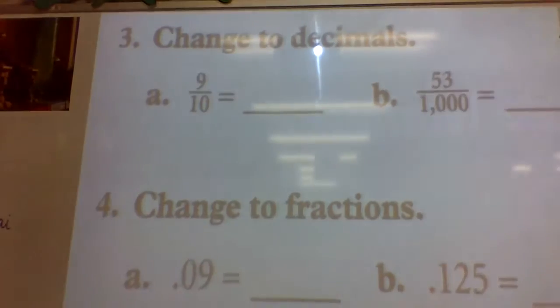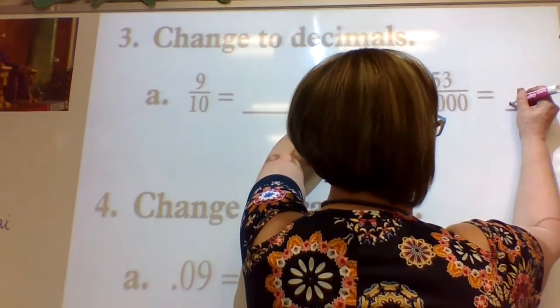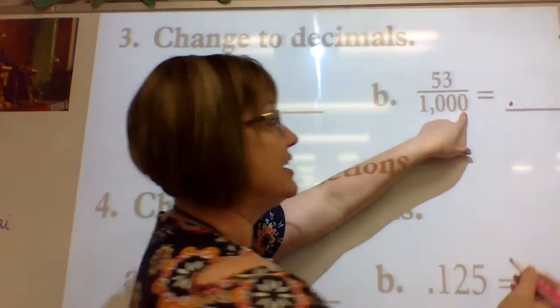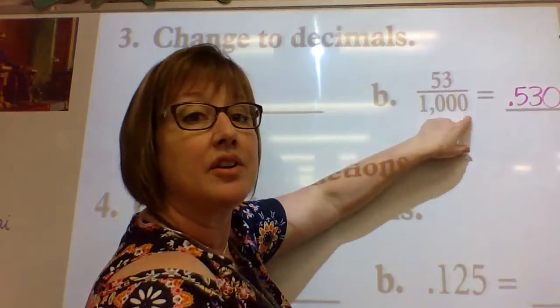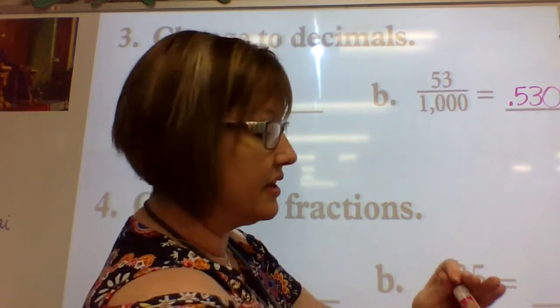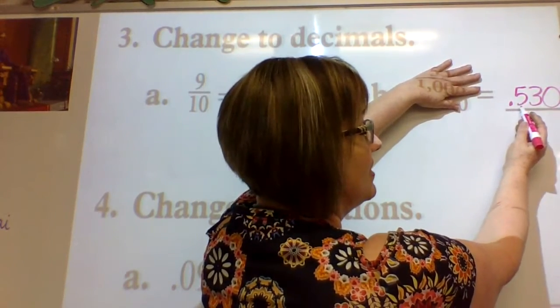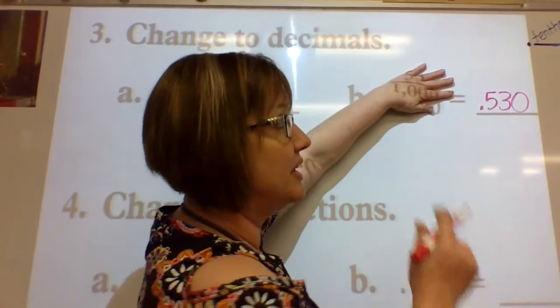Okay, and then like I said, once you finish it, look at it. I know most of you have 3 zeros, I need 3 decimal places, so a lot of you are just going to go like this. And don't be happy with your answer. Stop and read it. Cover this up, okay, and say, read that. 530, I know you can barely see that. 530 thousandths.